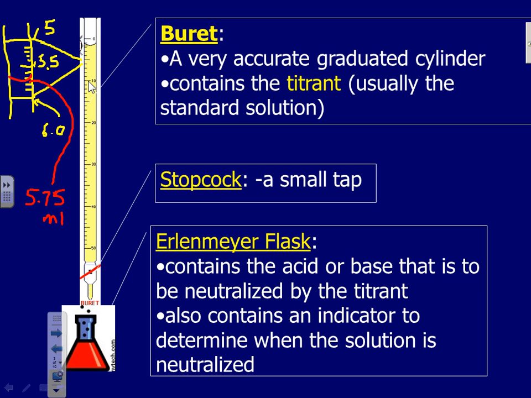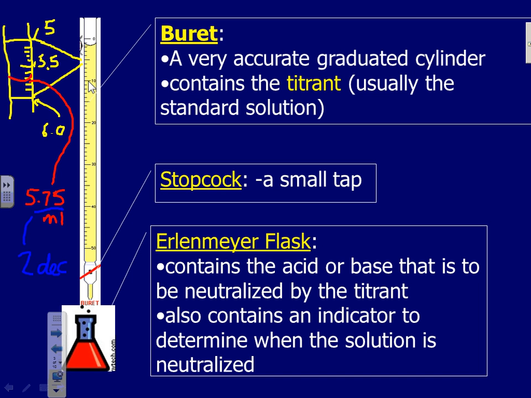We can always measure with a burette to 2 decimal places. That's what makes a burette so accurate at measuring volumes, that it's got so many little marks on it that we can get a volume to 2 decimal places. That's an incredibly tiny amount of volume. That's what makes it so accurate, okay?